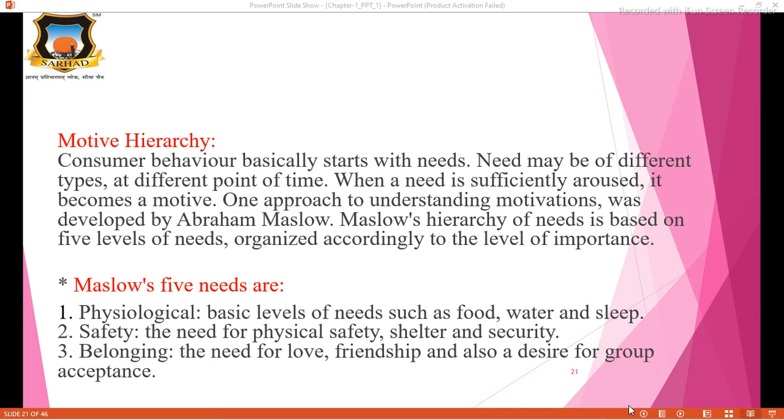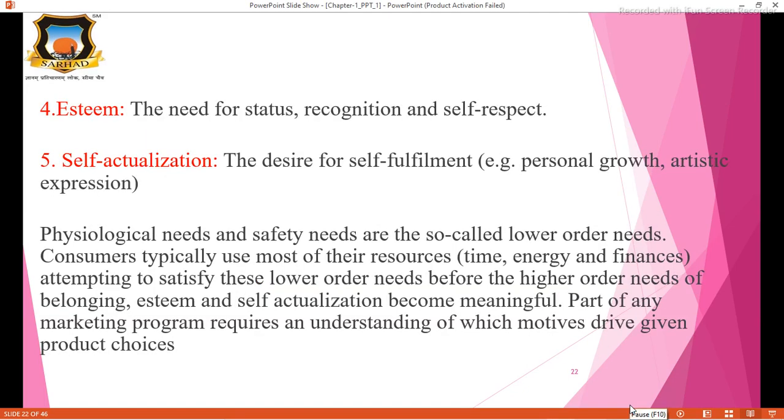The need for love, friendship and also a desire for group acceptance are the belongingness needs. The next is esteem needs, the need for status, recognition and self-respect. And the last is self-actualization needs, the desire for self-fulfillment or personal growth. These are the self-actualization needs.